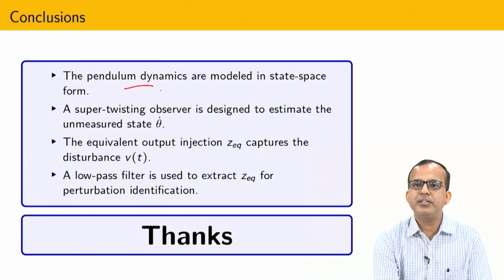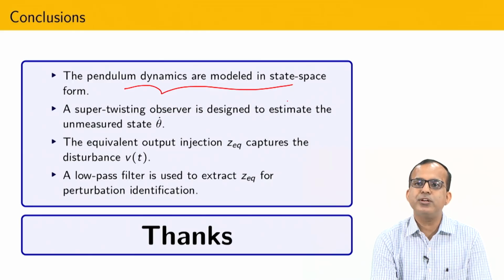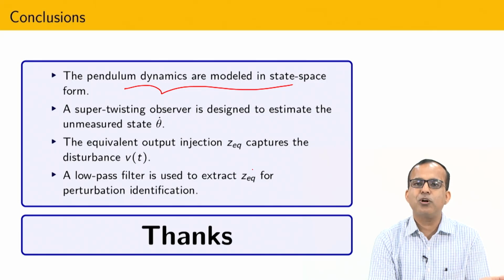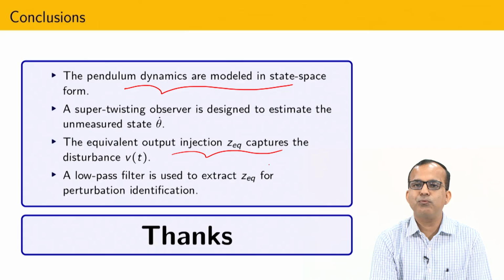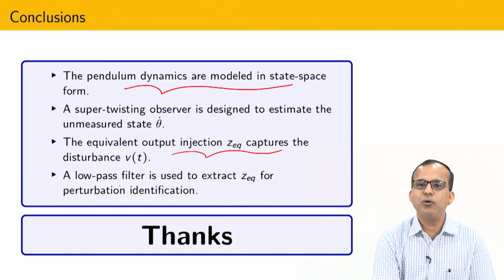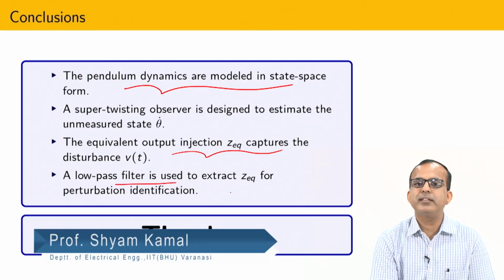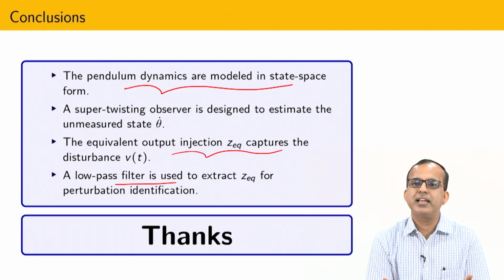The pendulum dynamics is modeled in state space, and due to that reason here you can prefer the observer over the differentiator. Okay, and one can also get the equivalent value of the fault just from the output injection term. Using a low pass filter I can calculate that particular value. So with this remark I am going to end this lecture. Thank you very much.